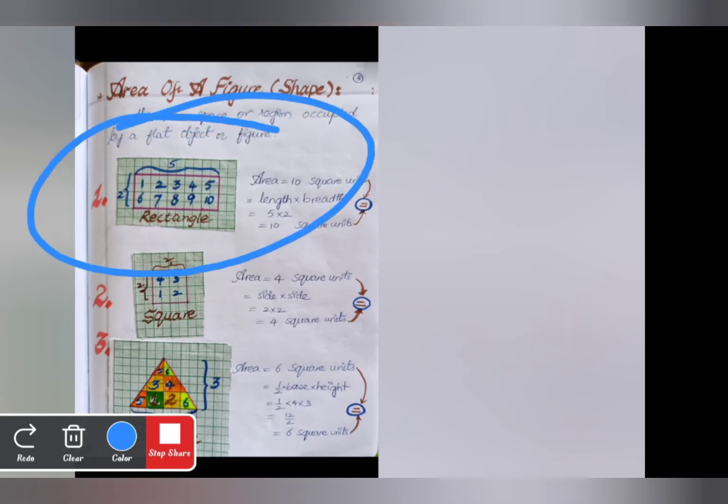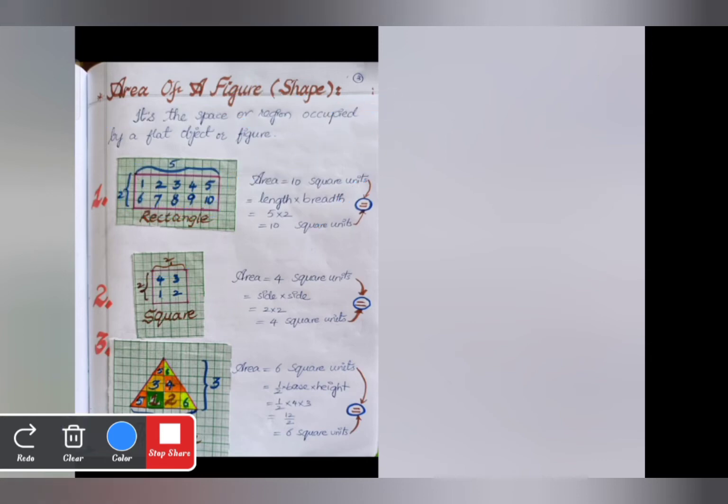In this figure, how many squares are being covered by this rectangle? Can anyone say? Here a rectangle shape is formed. So I need to find out the area of this rectangle. How can I find out? Here one square is nothing but 1 centimeter. So how many squares are being covered by this rectangle?